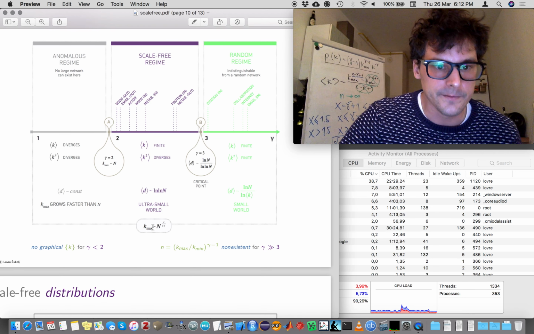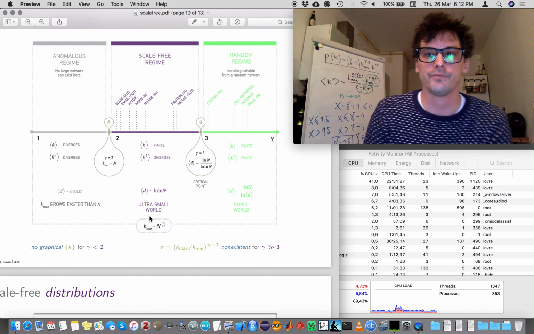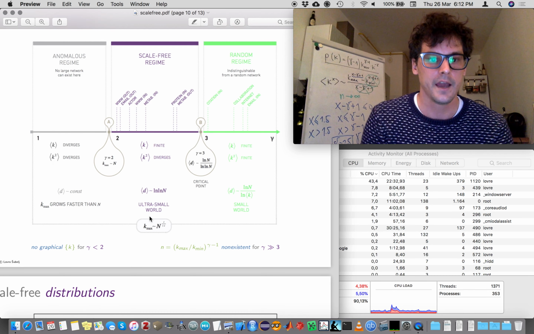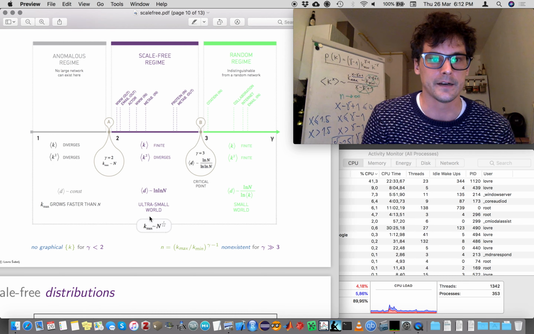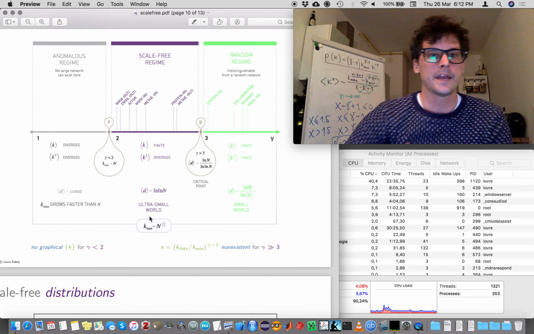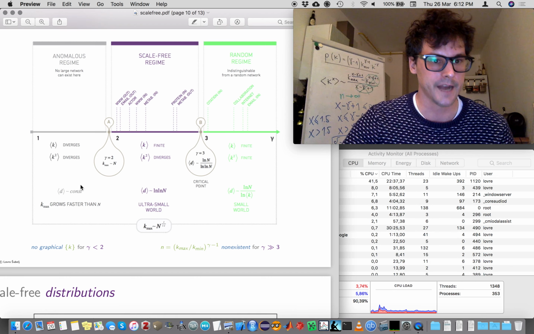And here at the very bottom, you also have this estimate that we have computed: how does the degree of the largest hub scale in these networks? So basically these are all the results that we have derived.